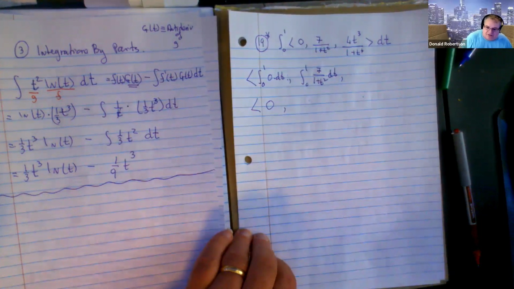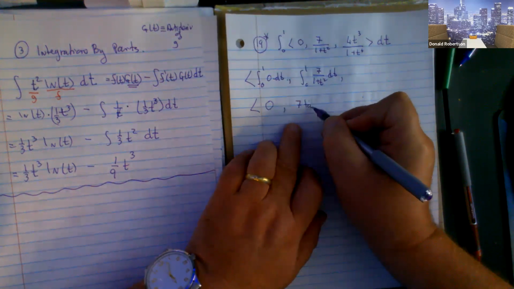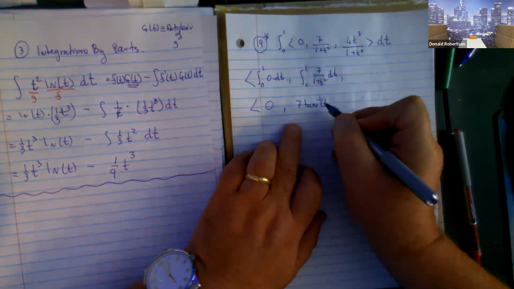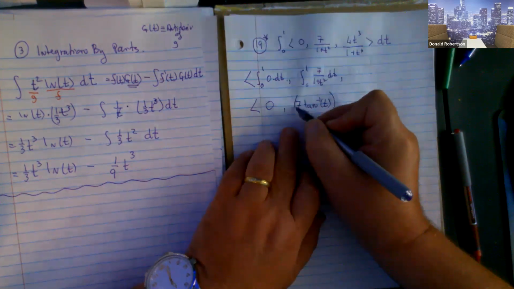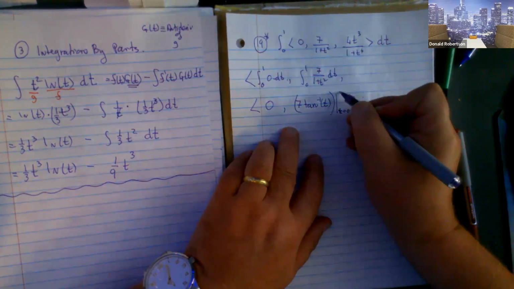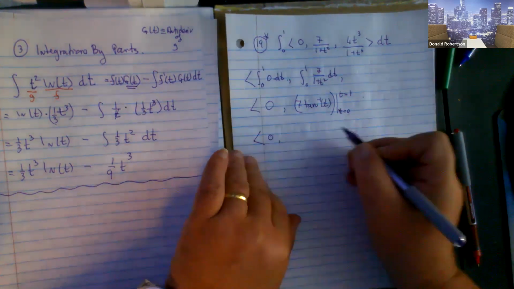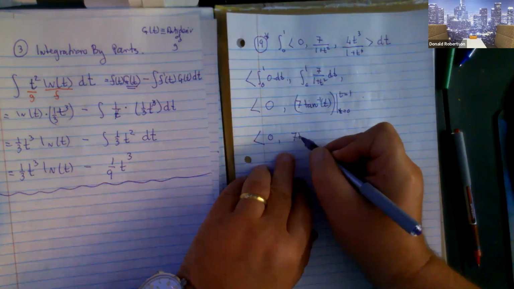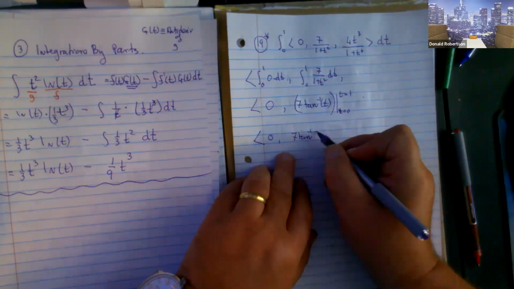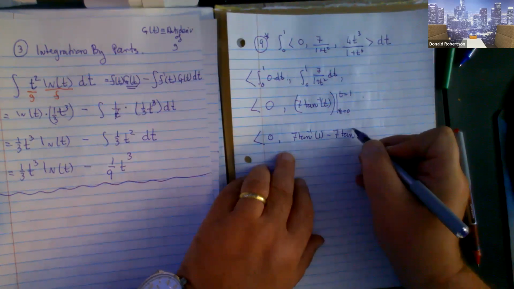Arctan. Okay. So this guy is 7 inverse tan of t. And then we're going to evaluate it at t equals 0 to t equals 1. So that's going to be 7 inverse tangent of 1, take away 7 times inverse tangent of 0.